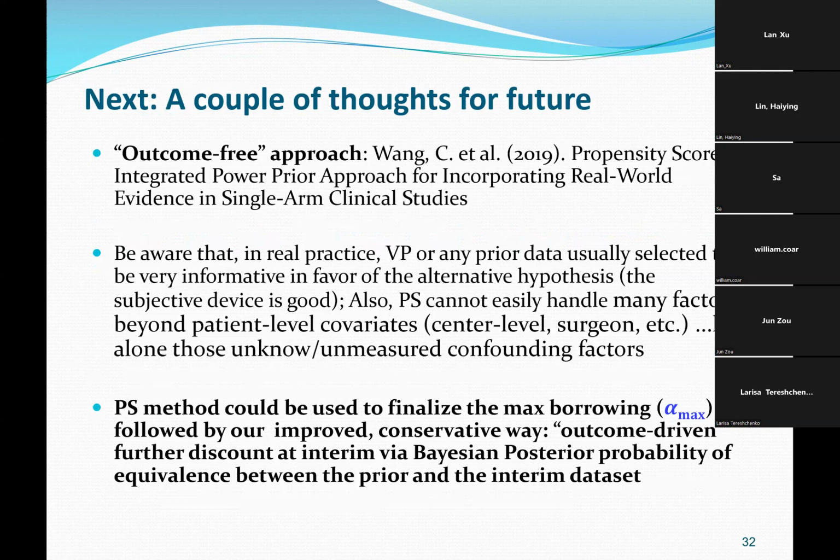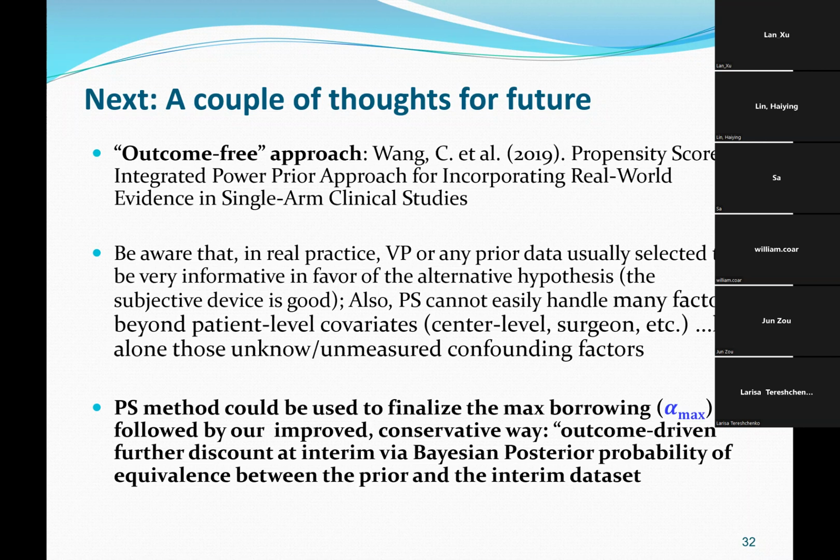In relevance to the propensity score methodology, that approach is called an outcome-free approach. Basically, in that approach the alpha max is fixed upfront, so the degree of borrowing for propensity score methodology cannot be changed. The fine-tuning is only applicable to the different strata of the propensity score. So basically, they allocate the maximum borrowing differentially according to the similarity within each propensity stratum.